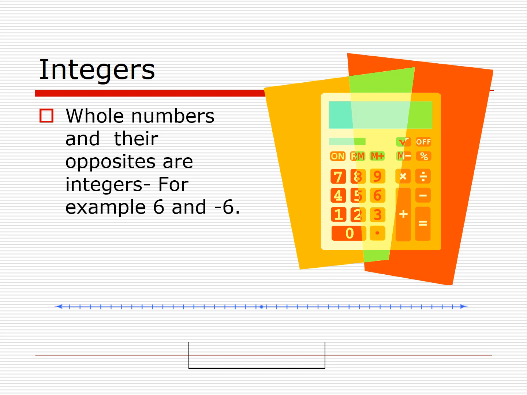For example, the number 6 and -6, both are integers. Zero is a whole number, that is, it is neither a positive nor a negative number, but yes, it is an integer.